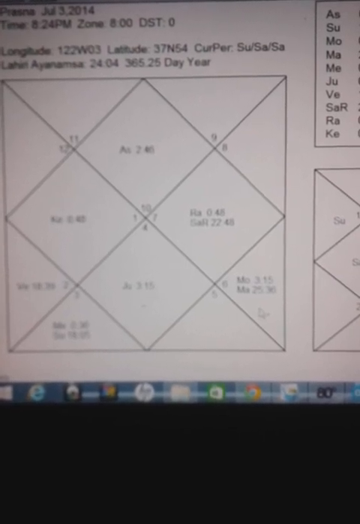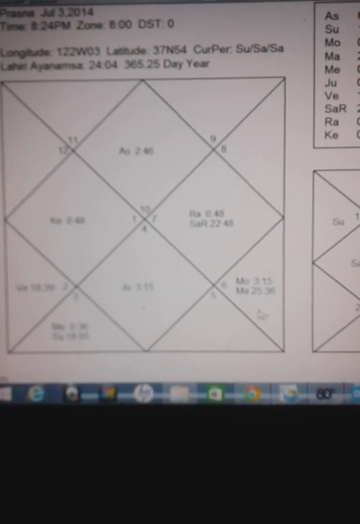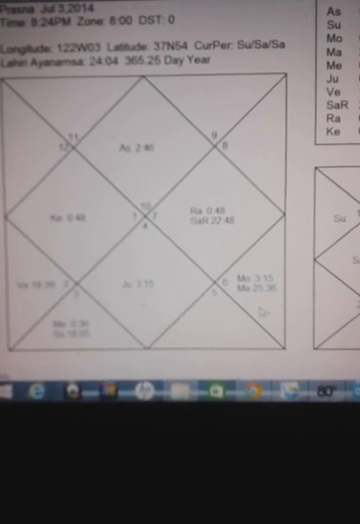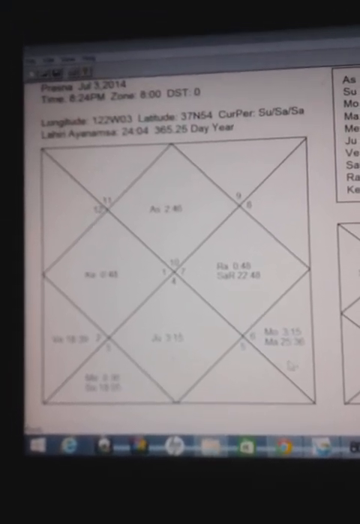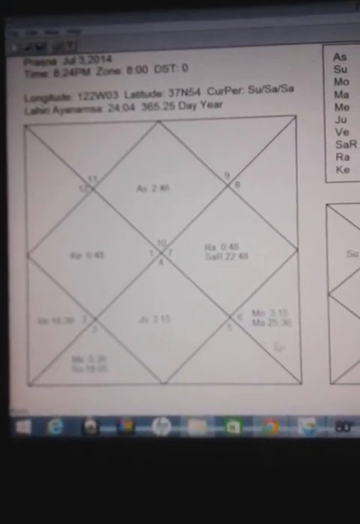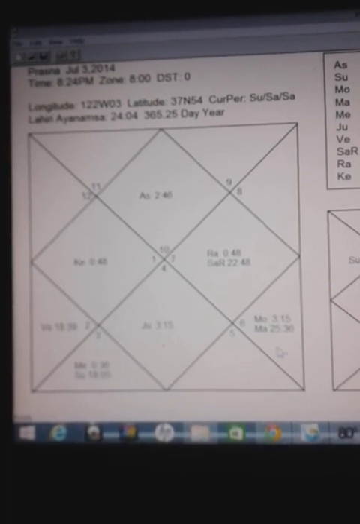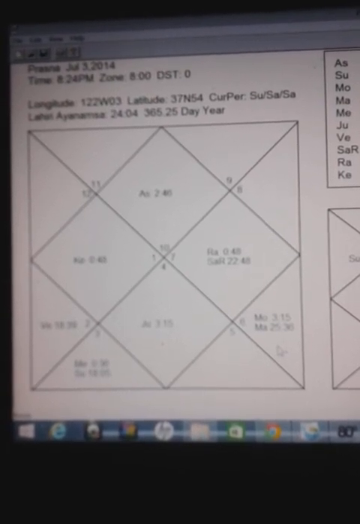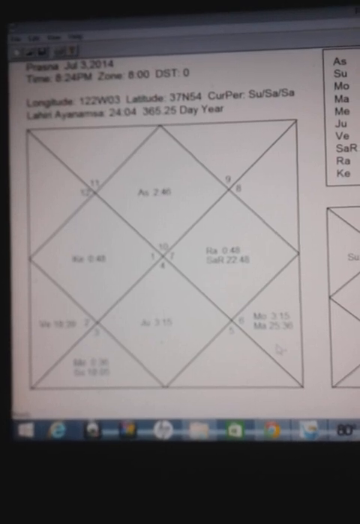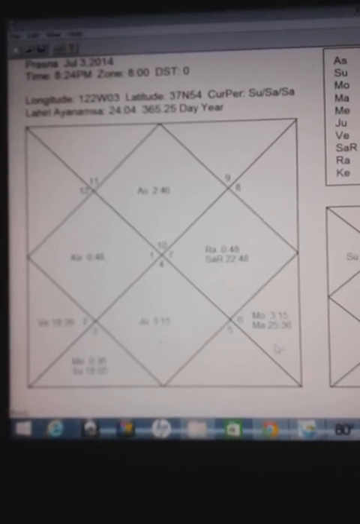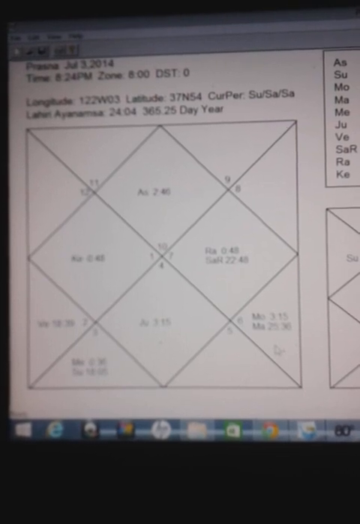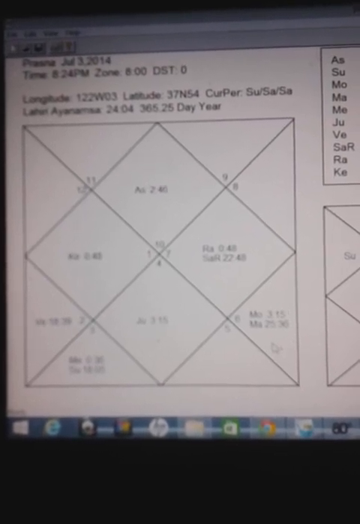And what do these planets represent, because these planets are also significators of various things which affect our lives. And each of these planets has a particular characteristic, and it'll be interesting to see how these 12 zodiacs and 9 planets do affect our lives.